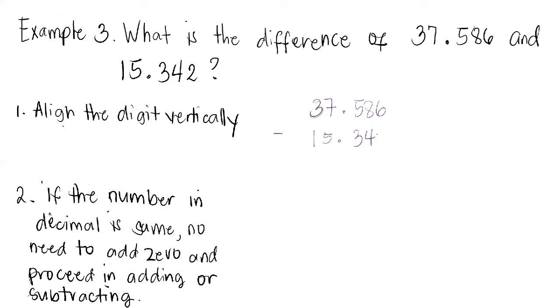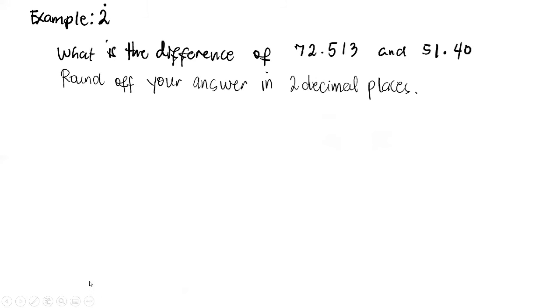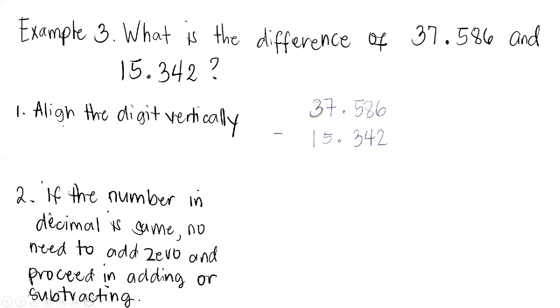Since we have aligned it vertically and they have the same number of digits in decimal places, there is no need to add 0. And after this, we can subtract our given.